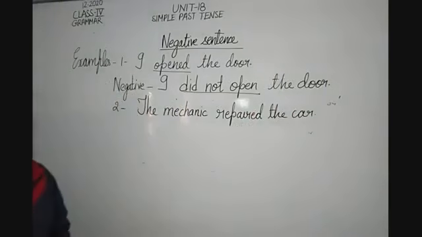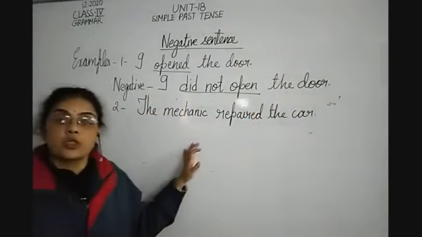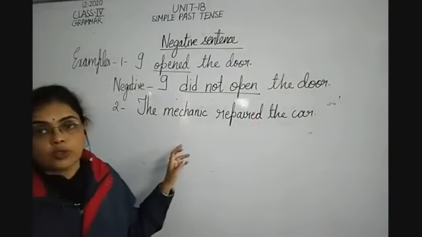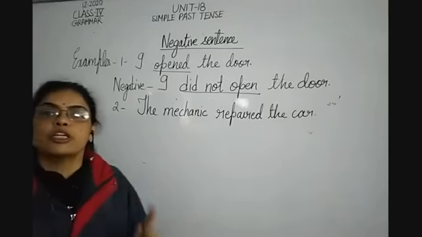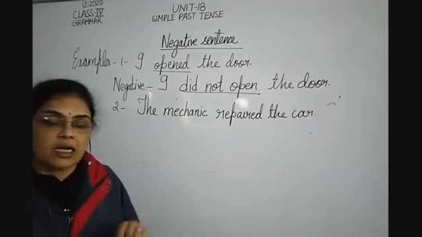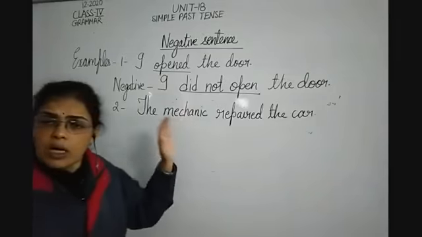Now this is the sentence and we are supposed to change this into a negative sentence. So what are we going to do first? First and foremost we need to identify and underline the verb. So what did the mechanic do?